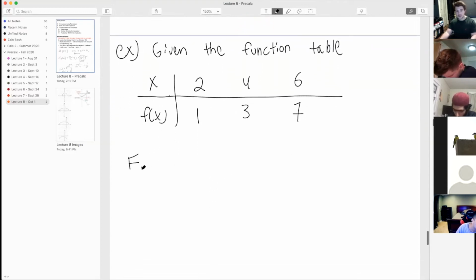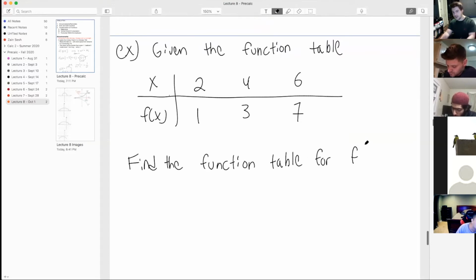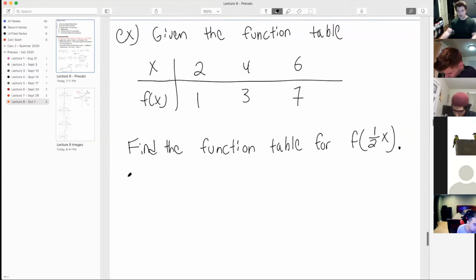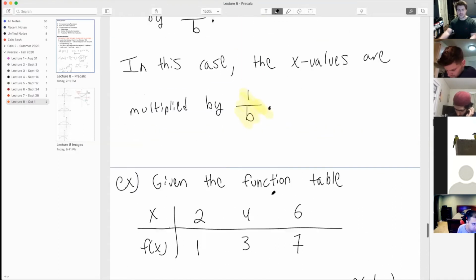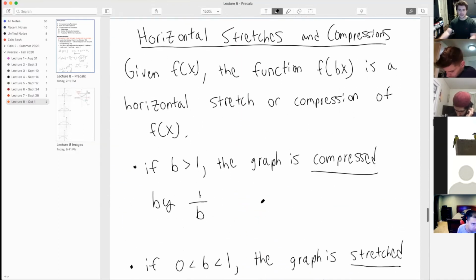I want you guys to find the function table for f of 1/2 x. Okay, so firstly, what is b in this example? So I scroll up to horizontal compressions. I have f of bx.